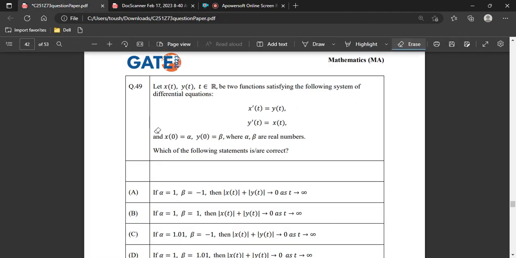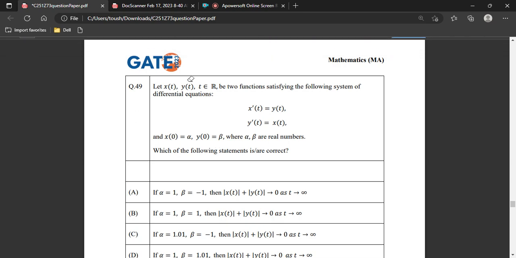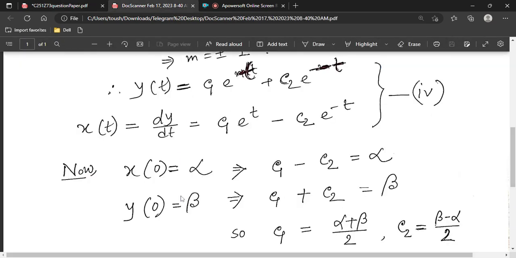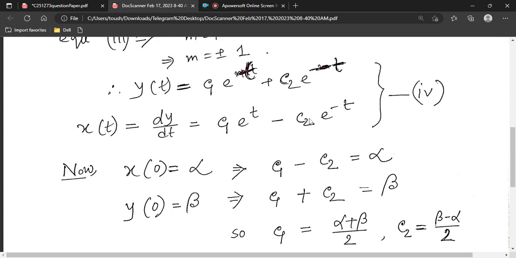And also in the question it's given two conditions, x(0) equal to alpha and y(0) equal to beta. If you put these here, you will get these two equations. In place of t, if you put 0, then x(t) will be c1 e^0, that means only c1, because e^0 is 1, and again minus c2.